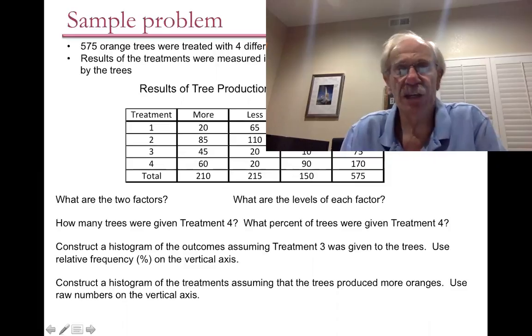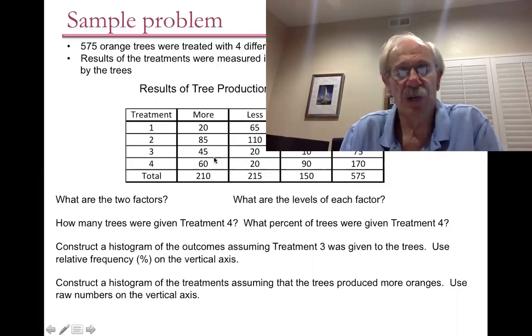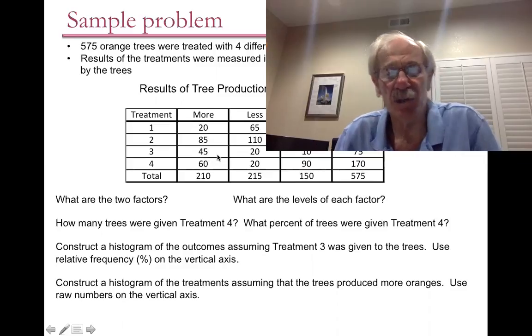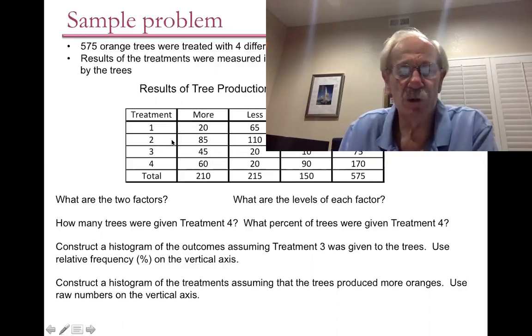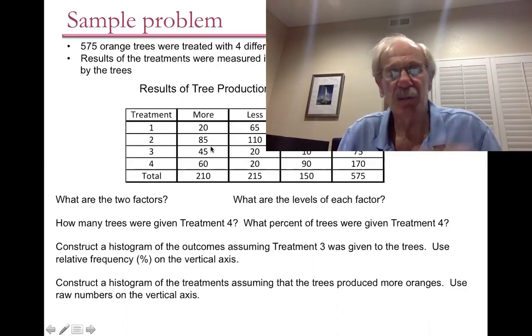To understand what association there was with treatment 2, given that they had treatment 2, what's the production level given treatment 2?